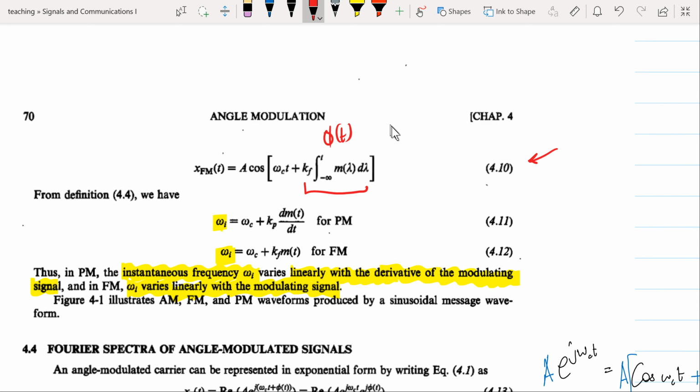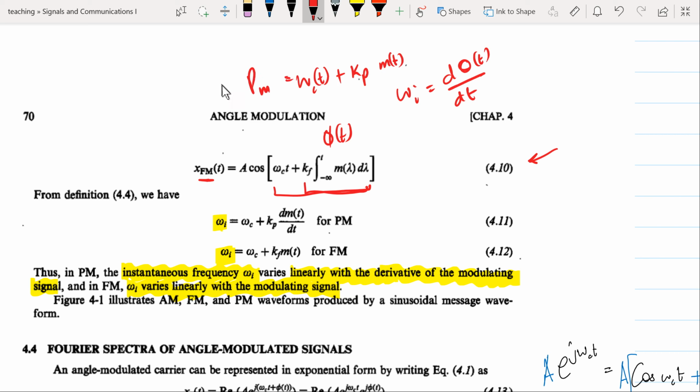Now, if you recall how we defined the instantaneous frequency omega i, which we said is given by d theta of t over dt, and therefore we have defined theta as this component for the FM, and omega c t plus kp m of t for the PM. Then this is theta of t for PM.